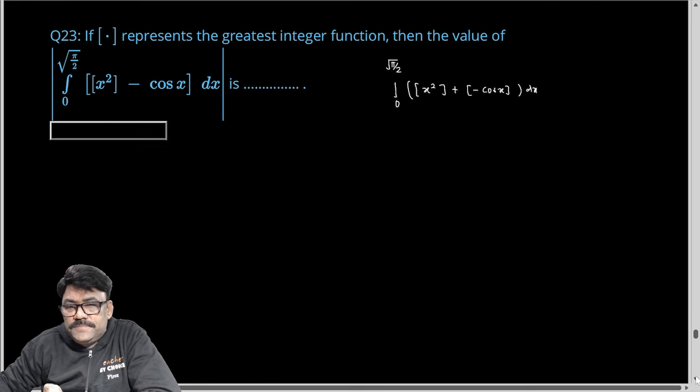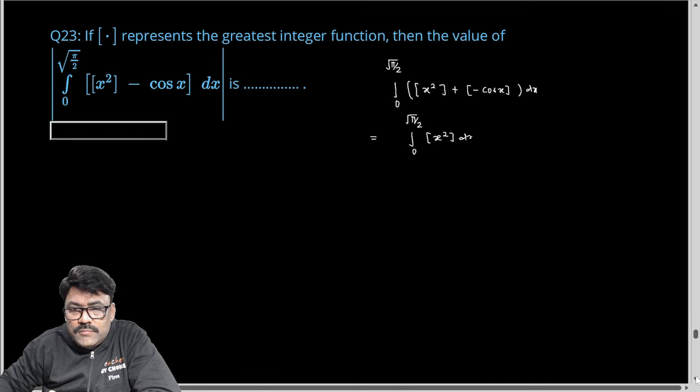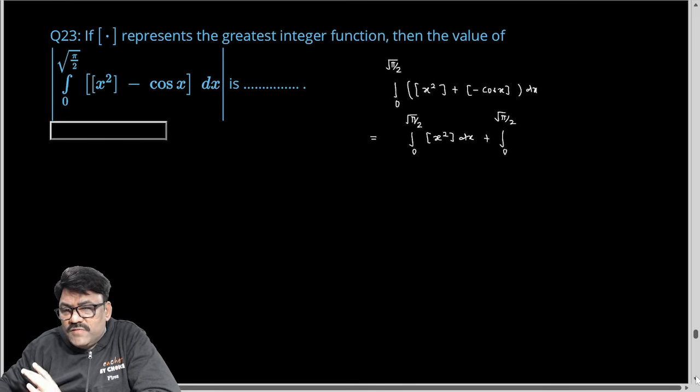Now in 0 to root pi by 2, root pi by 2 is slightly greater than 1. So I'm writing it as two integrals, 0 to root pi by 2. In 0 to root pi by 2, cos x is a positive number, minus cos x is a negative number, so the integral part will become minus 1 here.